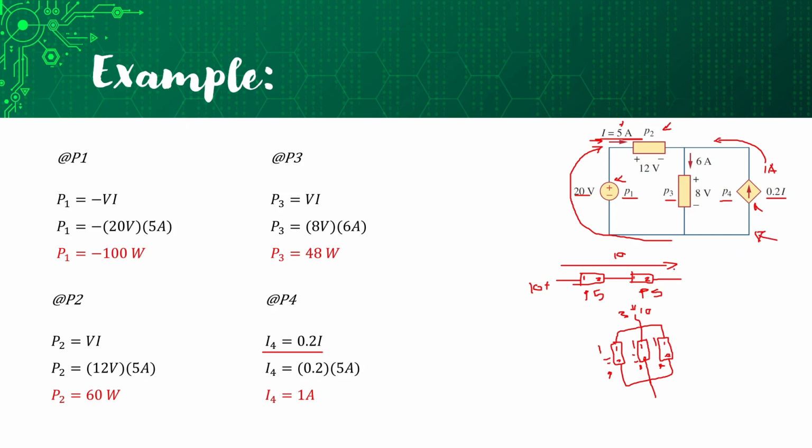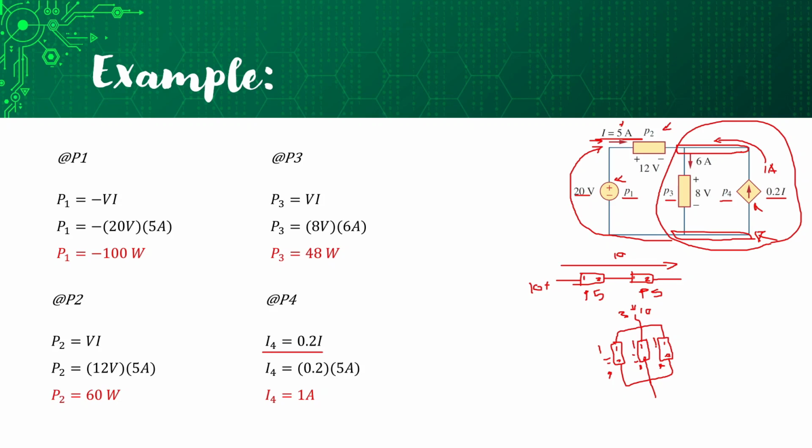Looking at the figure, I'm going to circle these two. What type of connection do these two have? Since both of their terminals are connected to each other, they are in a parallel connection.